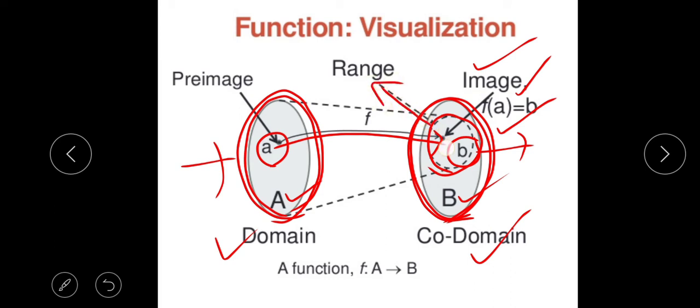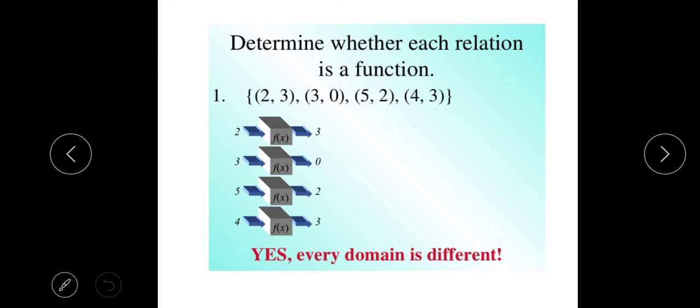And with respect to b, when you are speaking, you can say a is the pre-image. So from this picture, it is very clear. It is a function f from A to B.